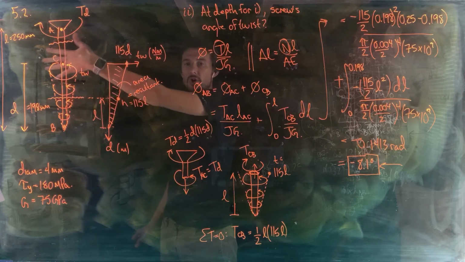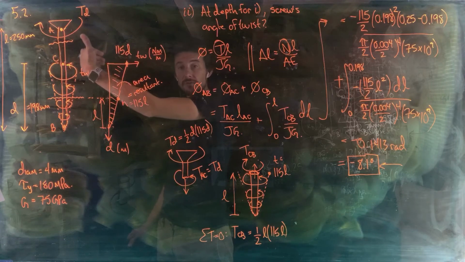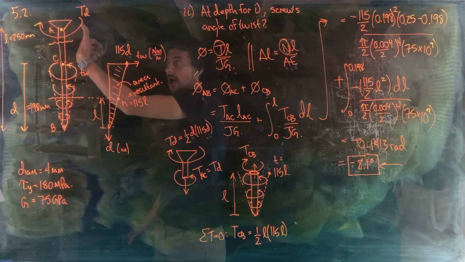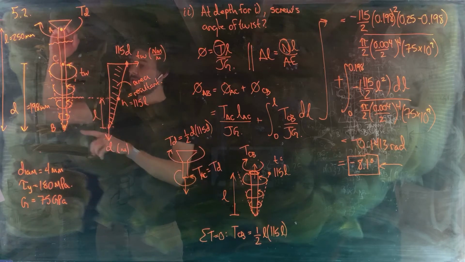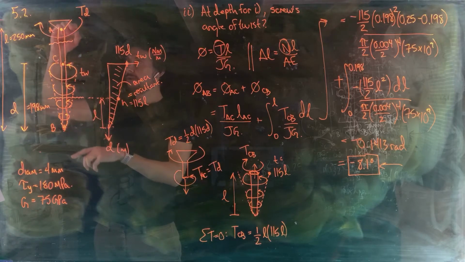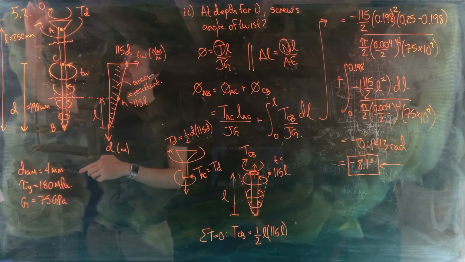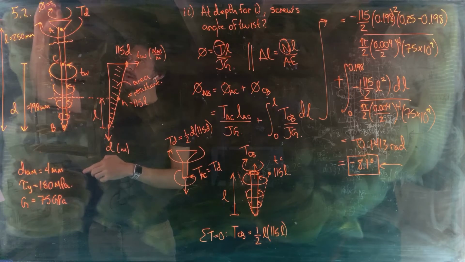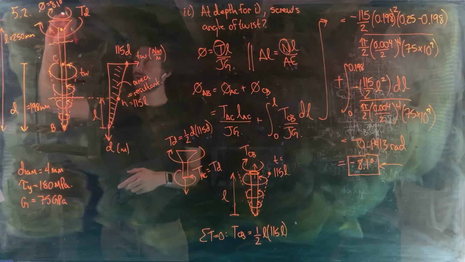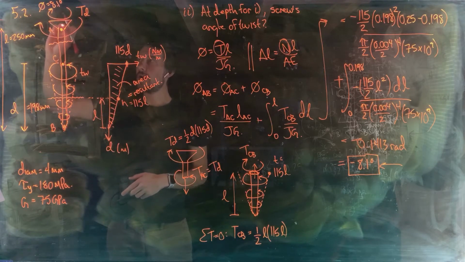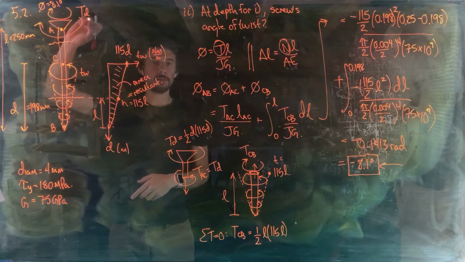Your fingers curl in what would be the direction of a positive angle of twist. And the angle of twist is negative, so that means that relative to the bottom, if that's fixed, the top actually rotated in the opposite direction by 8.1 degrees. And of course, that direction makes sense because the top of the screw would twist in the direction that the torque from the drill is being applied in.